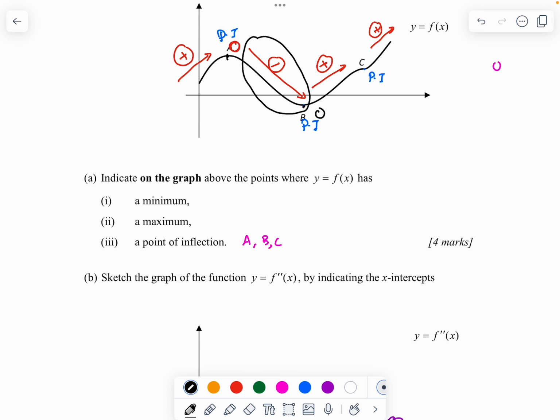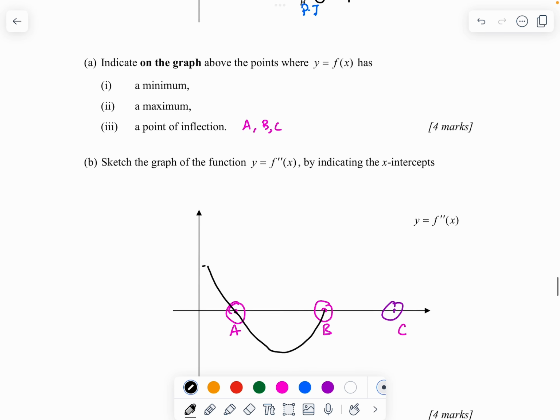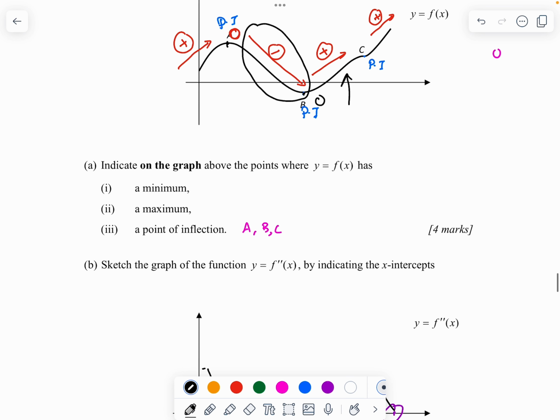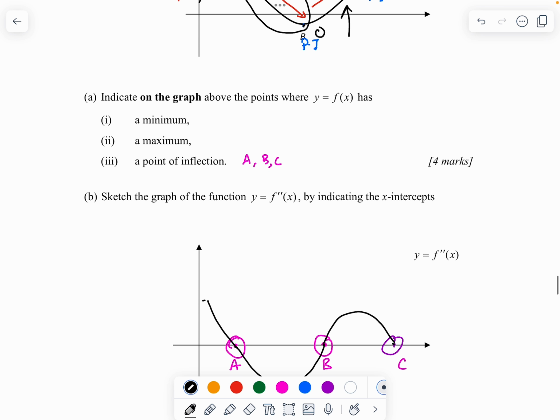From this point of inflection to the next, the slope is positive and again becomes 0. And finally, after the last point of inflection, the slope is positive. So this is going to be the graph for the second derivative.